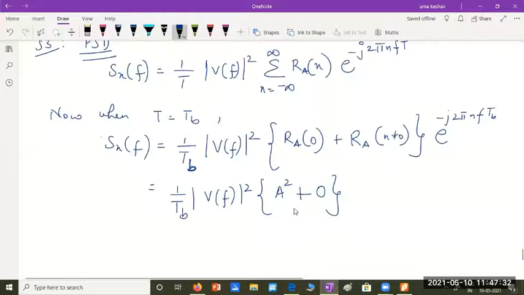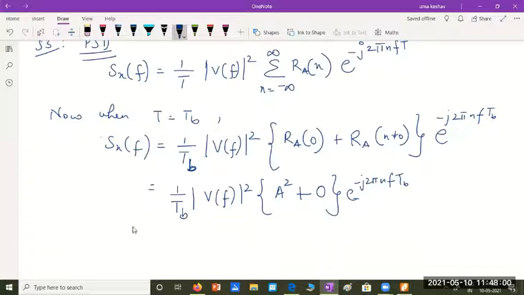So what will happen to this? Remember, this e to the power of j2 pi nfTb would already be taken care of when we write this Fourier transform for v of t.